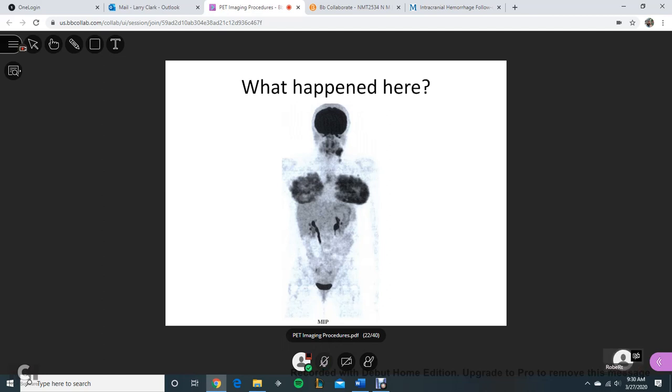Well, this picture is proof that you can. But more so, what I want you to understand is that the milk itself is not going to be radioactive. It's just the breast tissue.